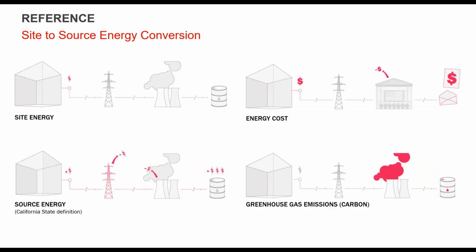So here's an example of site to source energy. You have site energy, which is just at the utility meter where the little electric spark is. Source energy is that plus what happens, transmission losses, and what it takes to convert whatever fuel it is into power for that.